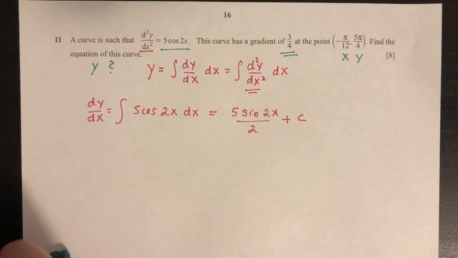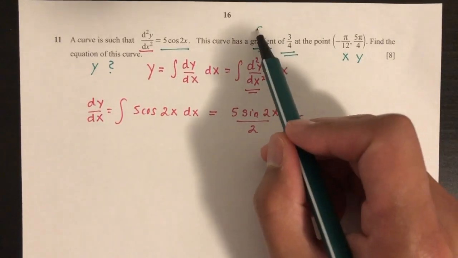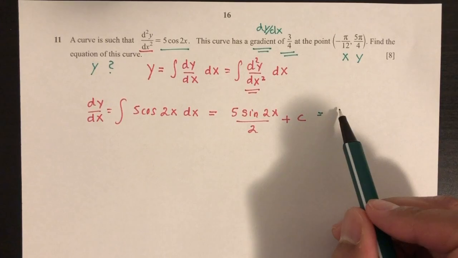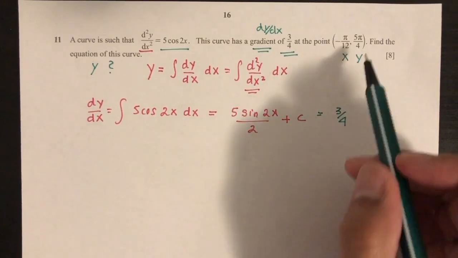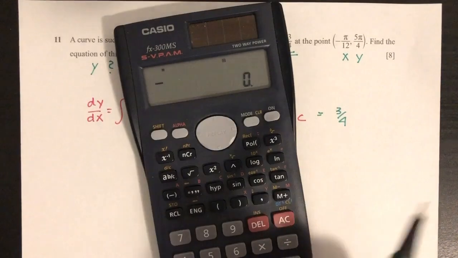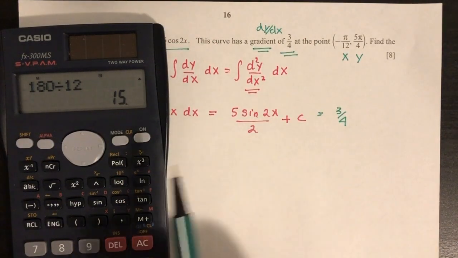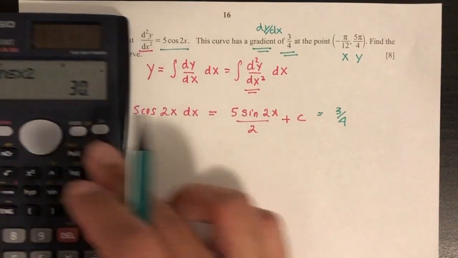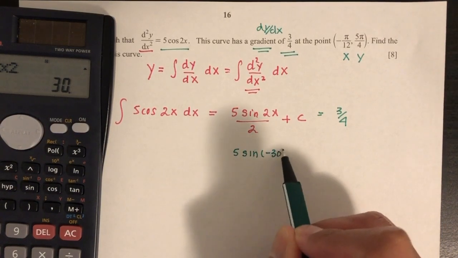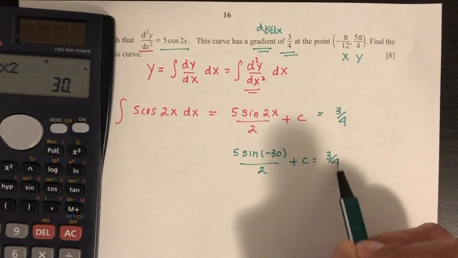Now we have to find the value of c, so we have to use this one. It says the curve has gradient dy by dx equal to 3 over 4 when x is equal to minus pi over 12. So what is minus pi over 12? We know pi is 180, divided by 12, it is 15. So minus 15 times 2, minus 30. So let's simplify. We will have 5 sine of minus 30 divided by 2 plus c equal to 3 over 4.